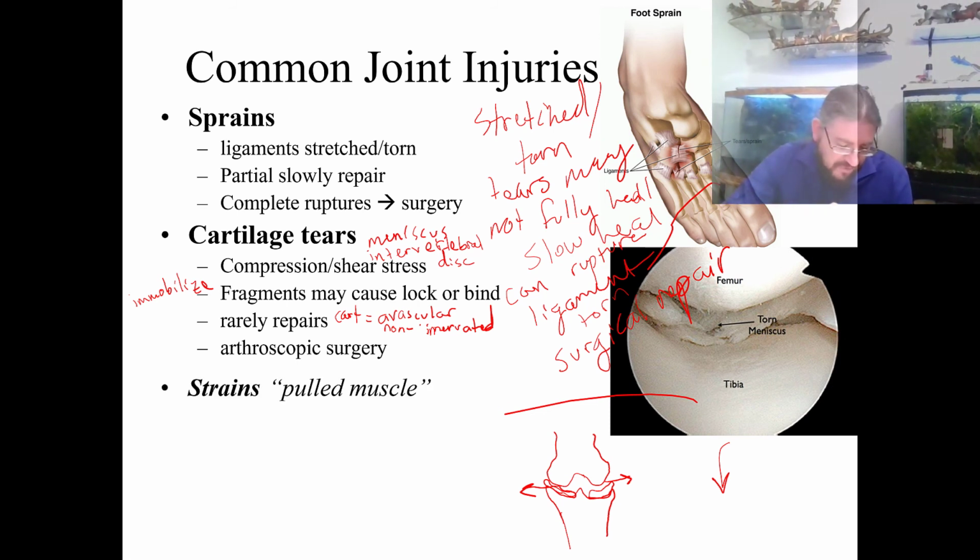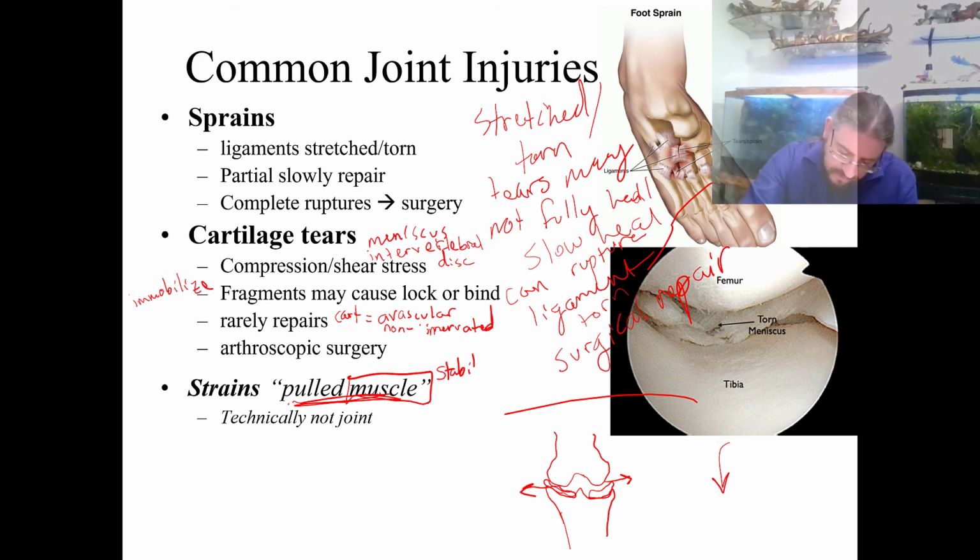And then we have strains, which are different from sprains. These are muscle injuries. This is when you, quote, pull a muscle. This is technically not an injury within the joint, but remember, muscles are what stabilize the joints.